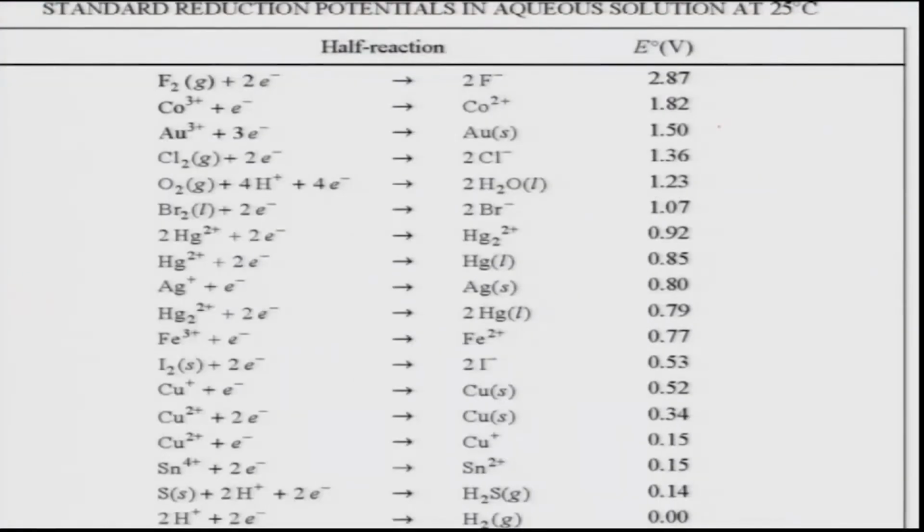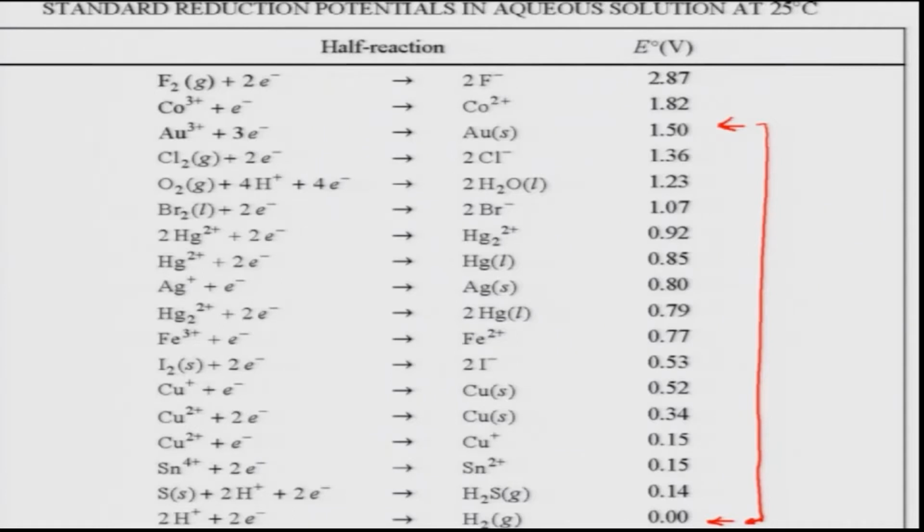So, now you see gold, this is here, which is 1.50, a highly positive standard reduction potential, and hydrogen is here. So, if we have a combination between gold and hydrogen, I always get hydrogen evolution, and if there are any gold ions present in the solution, gold will immediately deposit back.